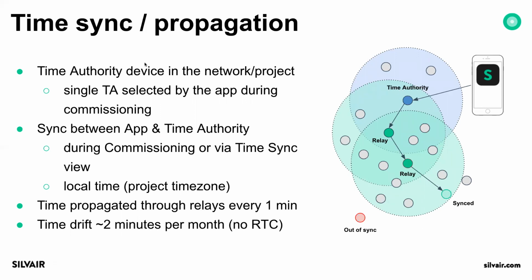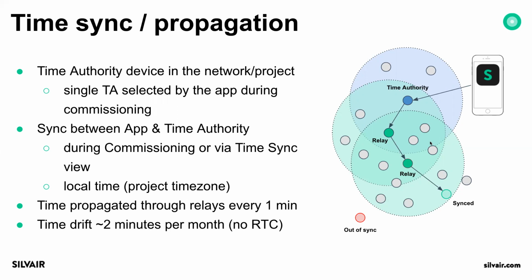Scheduling events operate based on the time available in the network. In order to have consistent time in the network, during the commissioning, the mobile app selects the best device as the time authority. The time authority is a device that keeps the time and propagates it to all nodes in the network through relays.